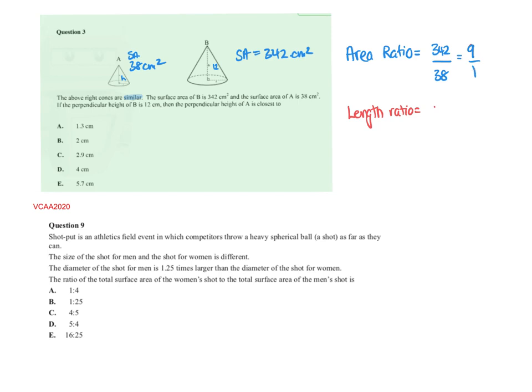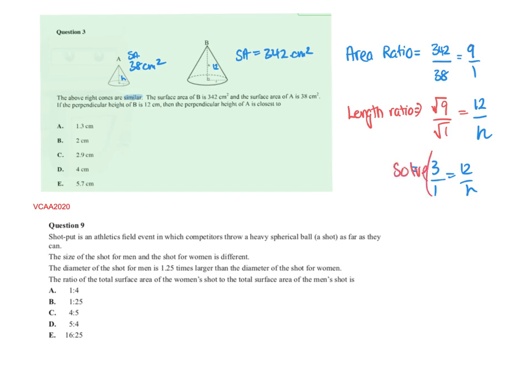So the length ratio would be the square root, because if you go backwards, you do the square root of 9 over 1, okay? And that would equal our corresponding heights, because that would be a length ratio. So I could say that equals 12 over H, because I don't know what the smaller one is. So then you'll end up with 3 over 1 equals 12 over H, and you can solve.